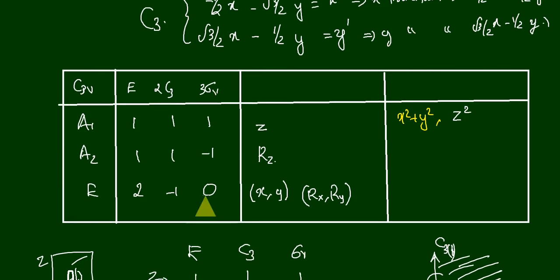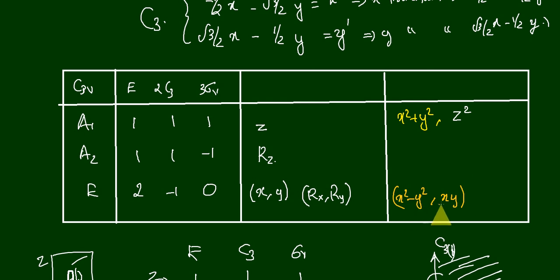So we have to write here in the same line of E, we have to write like x square minus y square, okay, and then xy, comma xy, and this should be put inside a bracket to show that these two functions transform together.